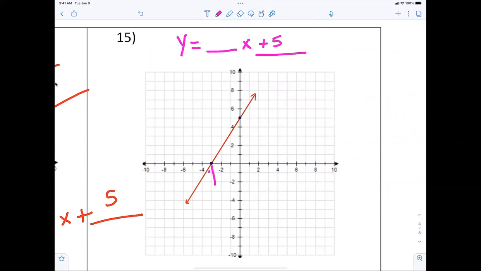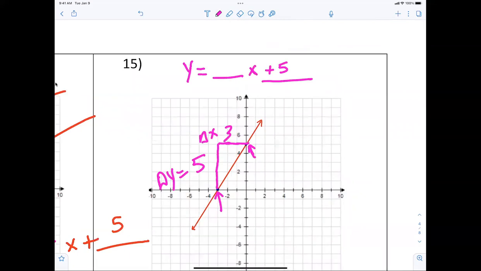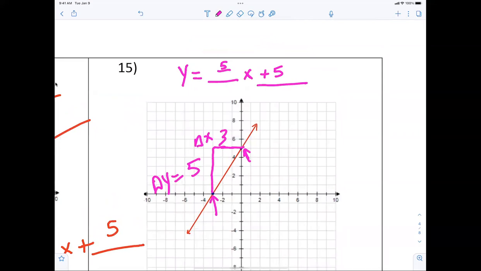So I find the left, I find the right. 1, 2, 3, 4, 5. 1, 2, 3, 5 over 3. Delta y, delta x. So my equation is simply what? You are amazing. Y equals 5 over 3x plus 5.